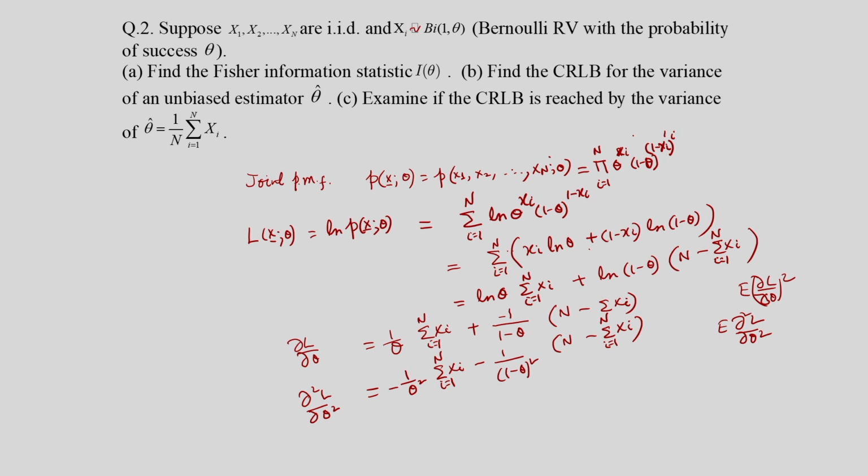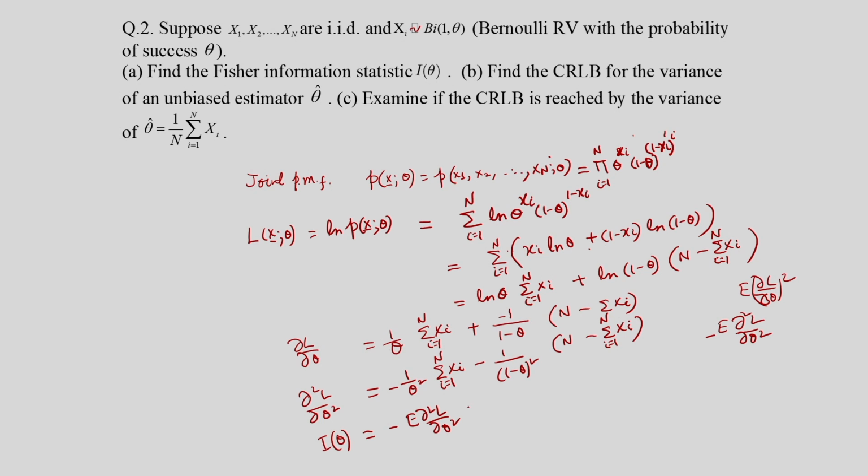We have to take the expected value of this, because information I theta is equal to minus of the expectation of del 2 L del theta square. So, I theta is equal to minus of E of del 2 L del theta square. Now if I take the expectation here, E of xi is equal to theta, therefore n theta will be there and one theta will get cancelled.